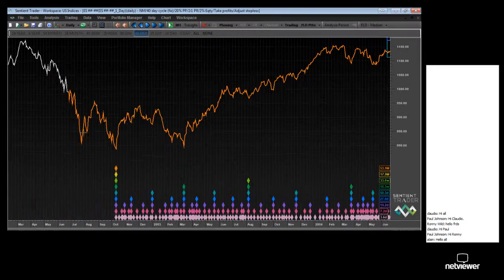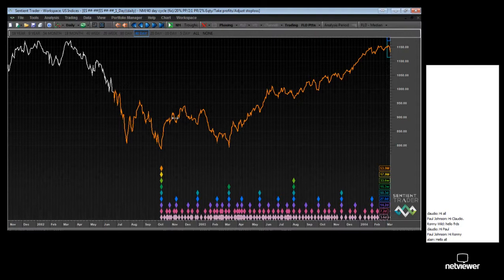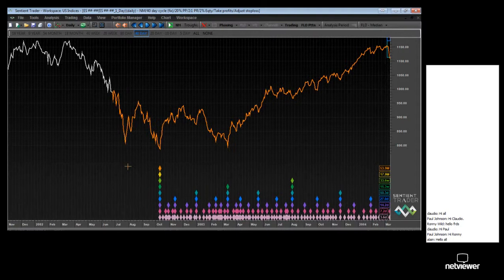Let me go to the one that I have zoomed in. It's the July one. No, it's not. And here are the same three troughs here. The August trough in the South African market, in fact, occurred a few weeks earlier in July 2002, in the American markets.